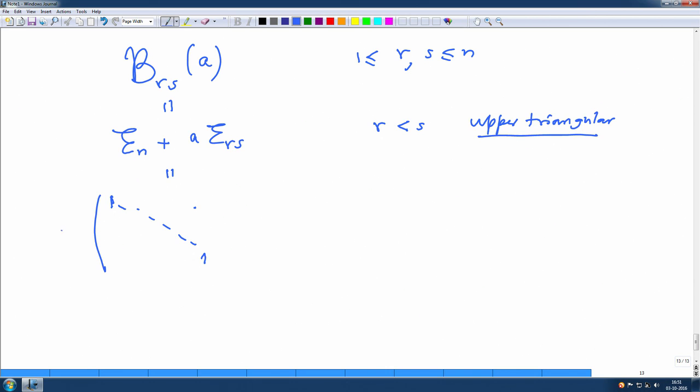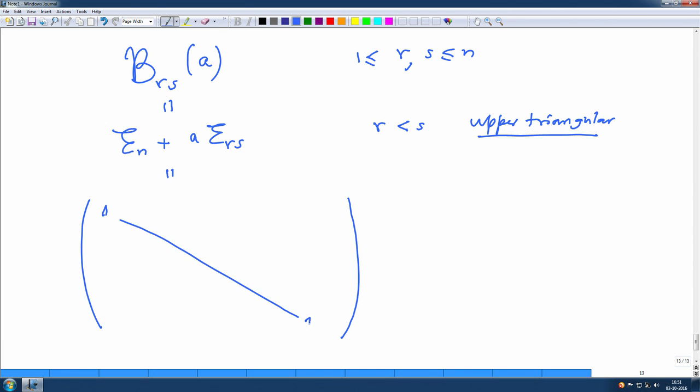Because this is the rth row, this is the rth row, this is the sth row. Then we are adding this one in the sth row. This picture is not very good, so let me rub it out and draw it. So this is the matrix, ones on the diagonal, and suppose s is later than r, then this is the diagonal entry s.